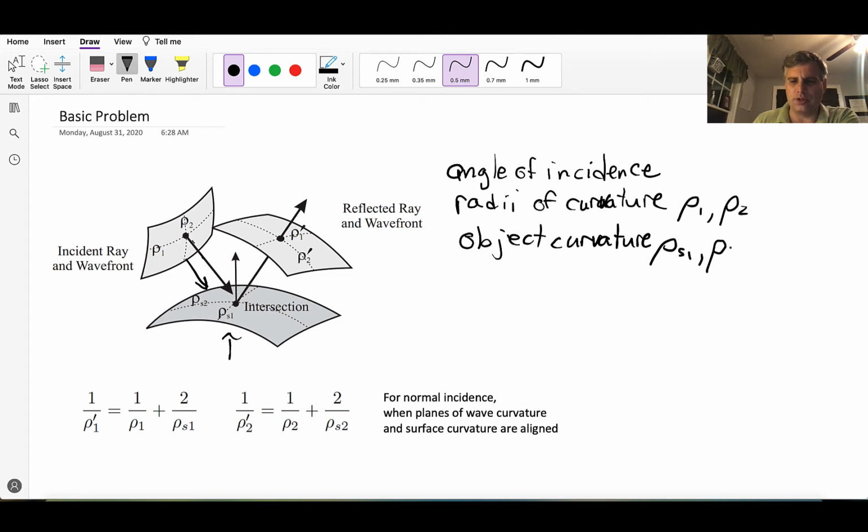Here we use rho subscript S1 and S2 to denote these 2 planes of curvature on the surface. Then another one is alignment. The radii of curvature that you've used to define this incident wave may not even line up with how the surface is described at a particular point where the ray strikes. This means that the formulas get really, really complicated.